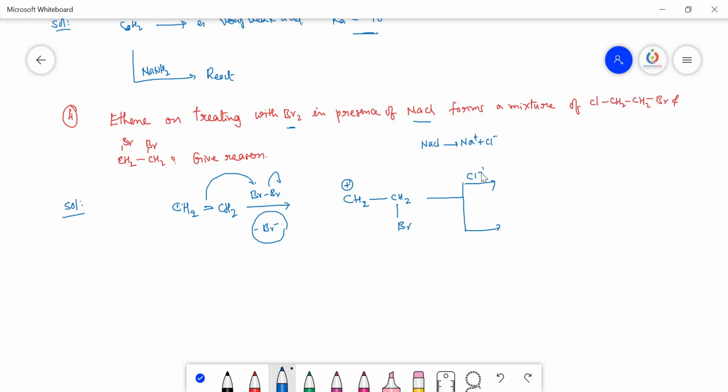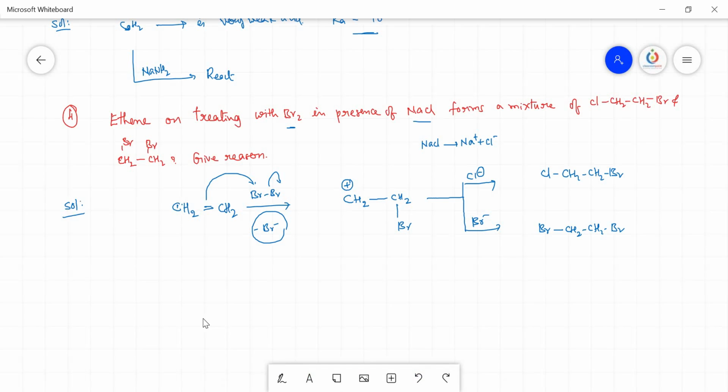So if Cl minus ion attacks, then we get ClCH2CH2Br, and if Br minus attacks that positive charge, then we will get BrCH2CH2Br. So there are two possibilities for this carbocation to be attacked by both of these anions, nucleophiles.